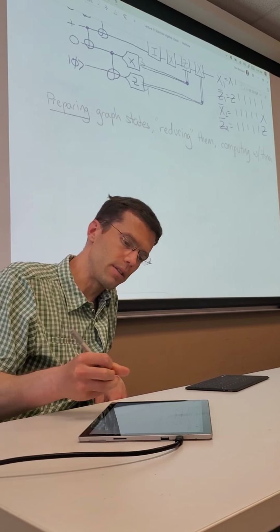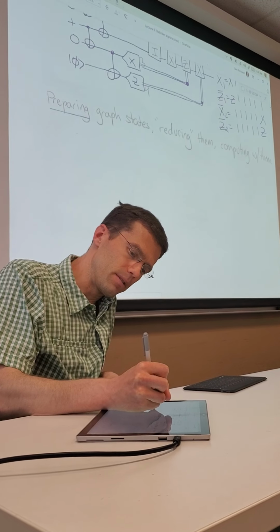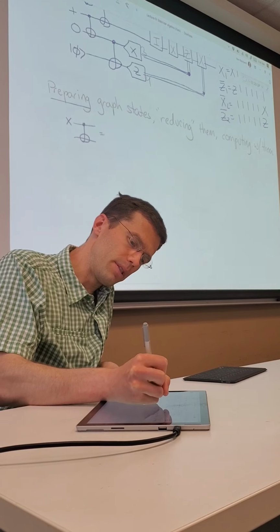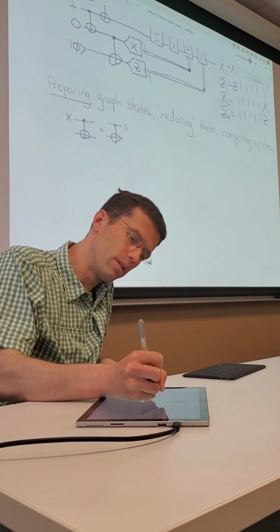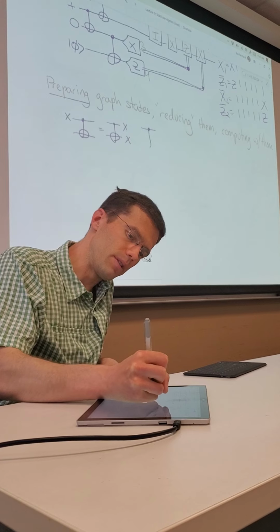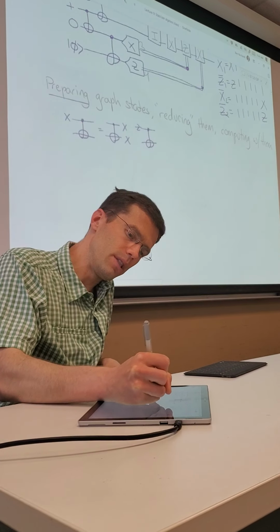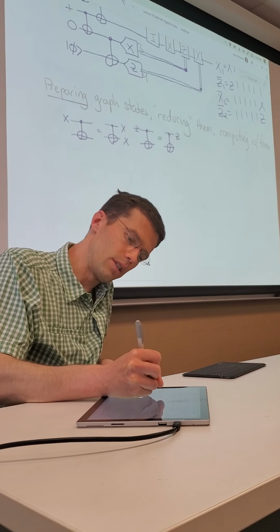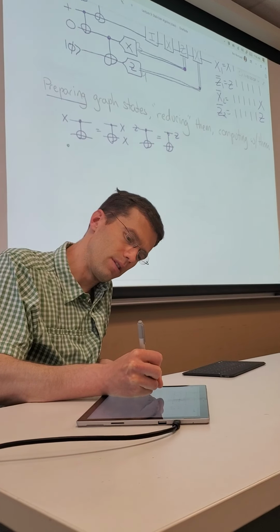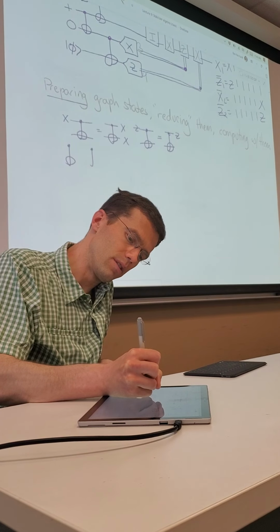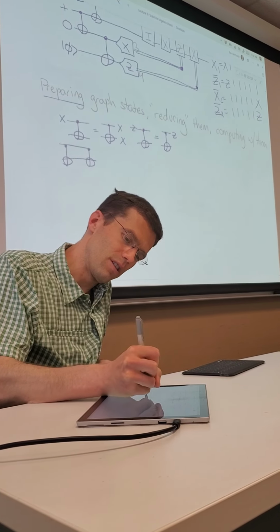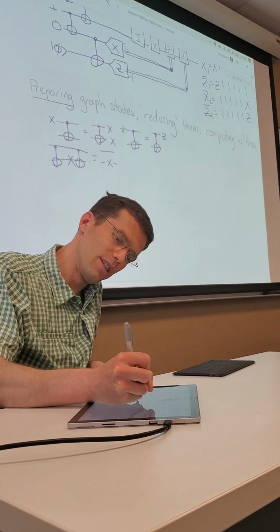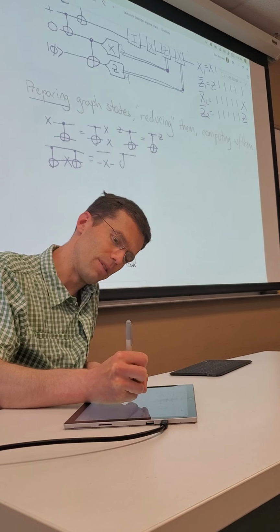For preparing a cluster state or a graph state, we know the following rule. When you have a CNOT, it copies X forward, it leaves Z on the control qubit alone, it conjugates an X on the second qubit into an X on the second qubit, and it conjugates a Z on the second qubit, it copies it backward.